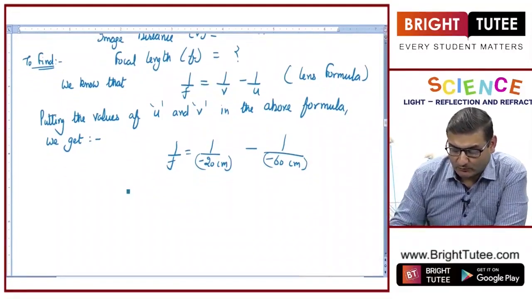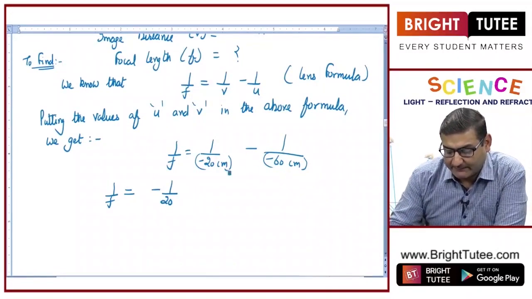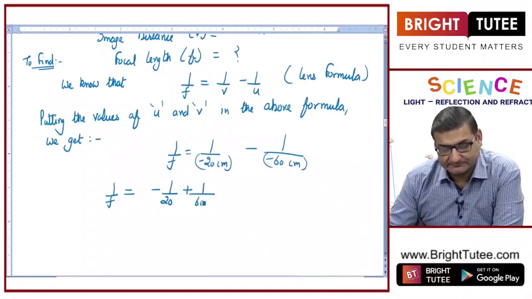Fine. So what does this equation become? 1 by f is equal to minus 1 by 20, minus and minus become plus 1 by 60.